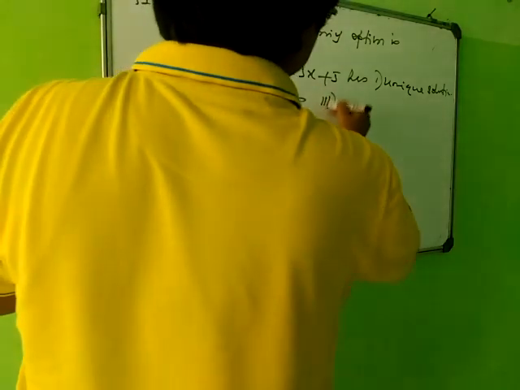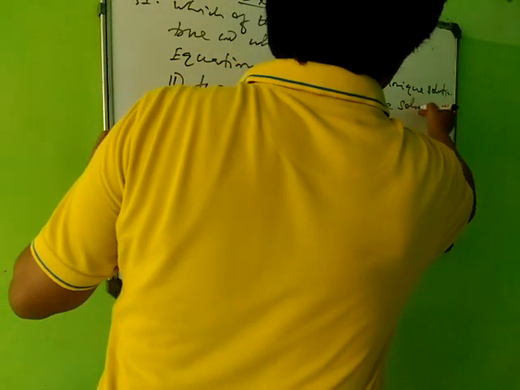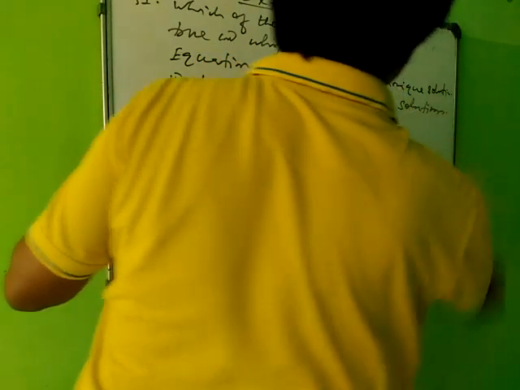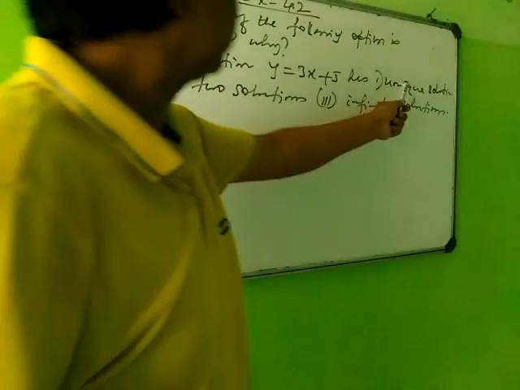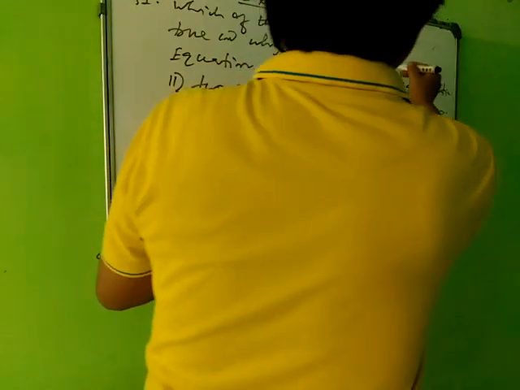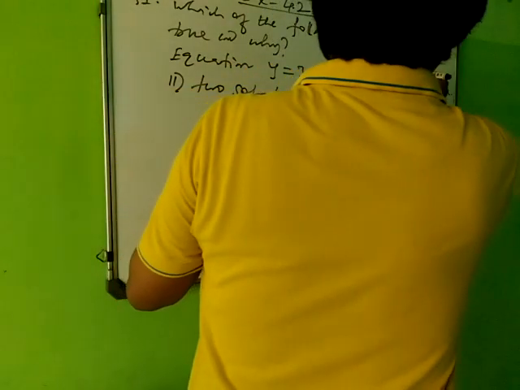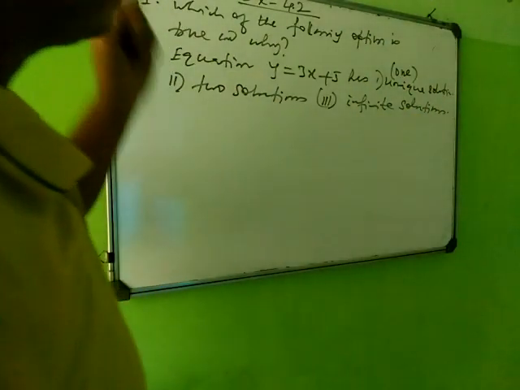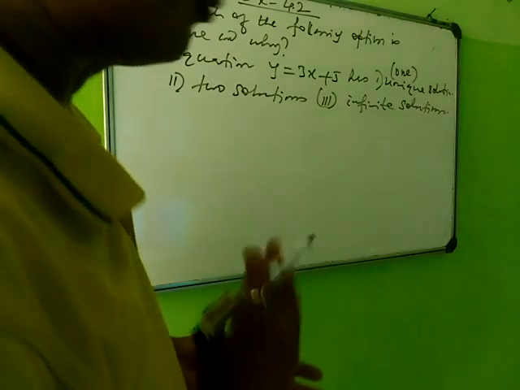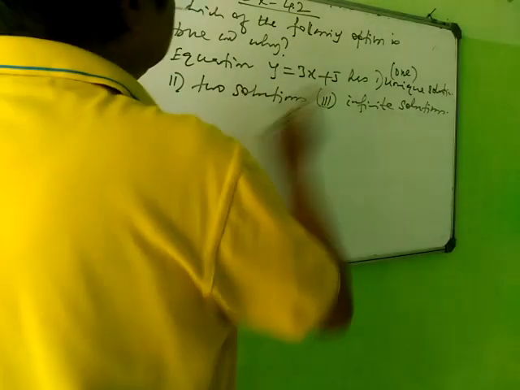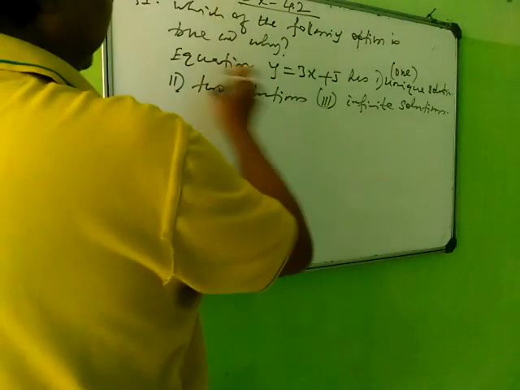Number 3, infinite solutions. And then why? So here options are unique solution. Unique means only one solution, say single solution. So it is one solution. Whenever we speak of solution, that will mean x and y. So now they are telling that which of the following option is true and then why.